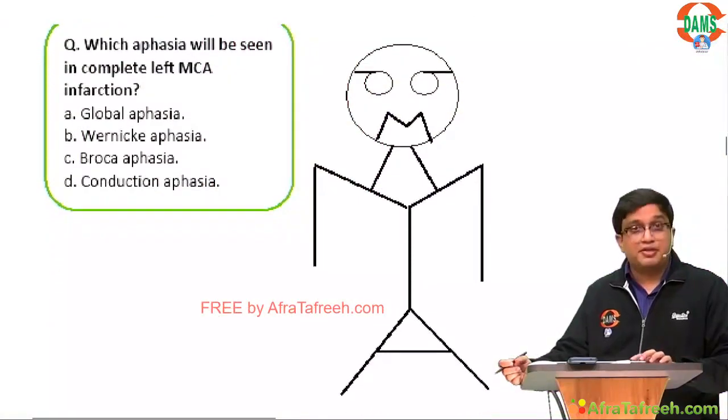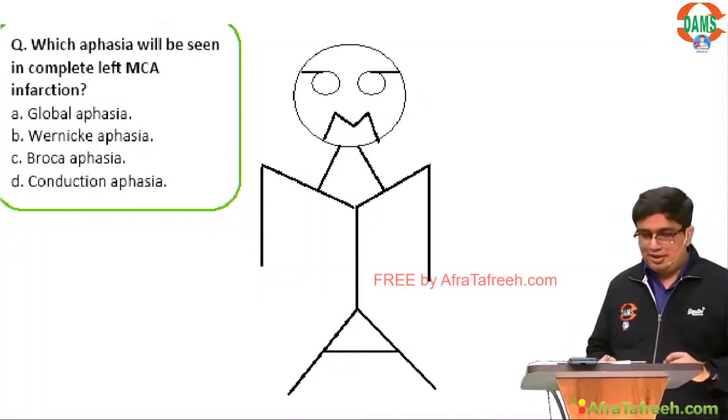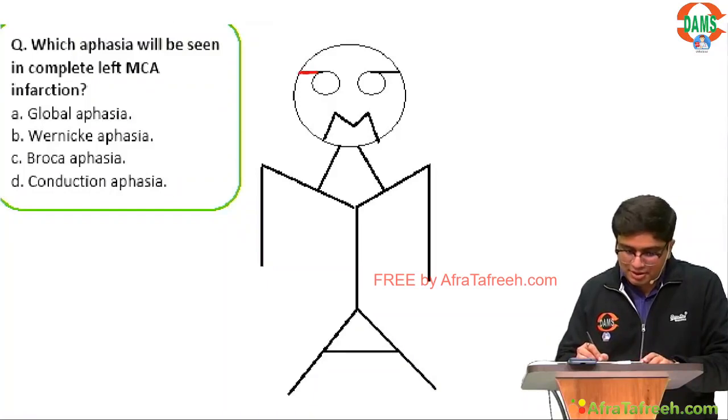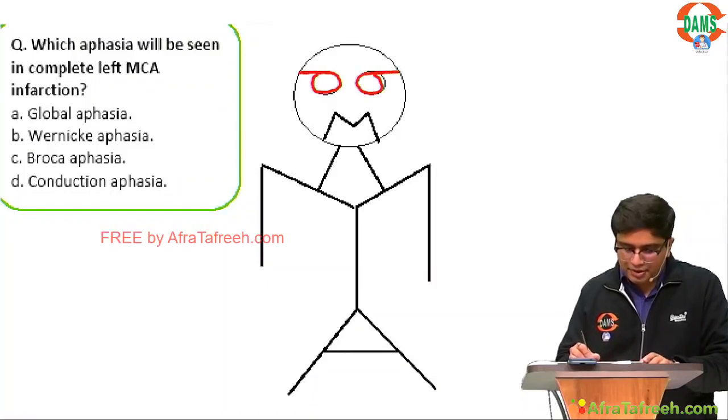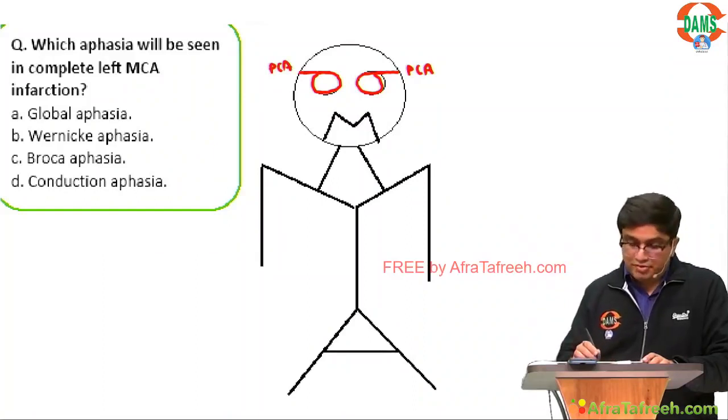Let's try to remember this topic by this diagram. A simple line diagram. If you follow this, these eyes of the patient look like P. So this part includes the PCA infarction. So what is specific in the PCA infarction in these patients? They will have cortical blindness.